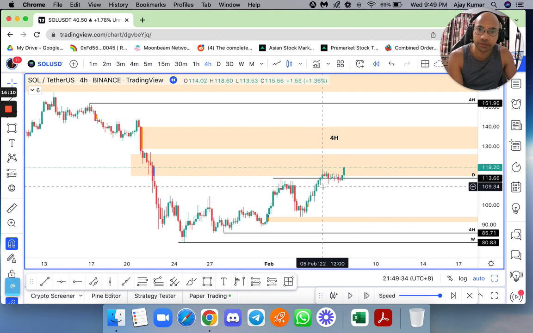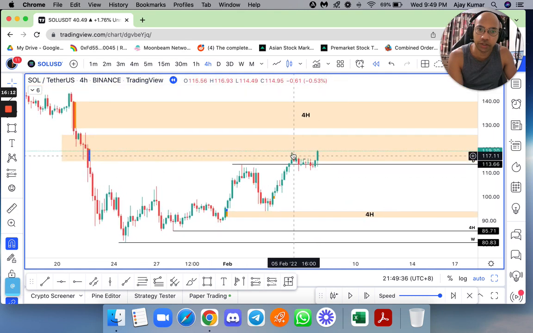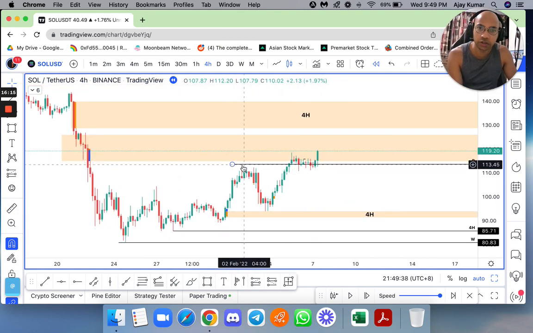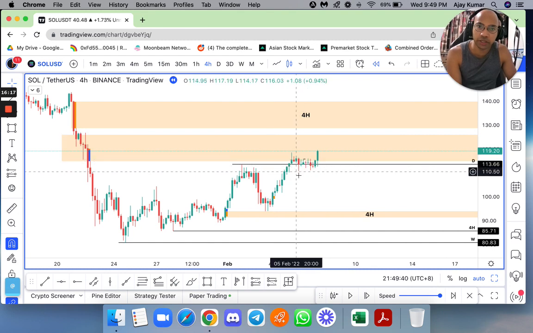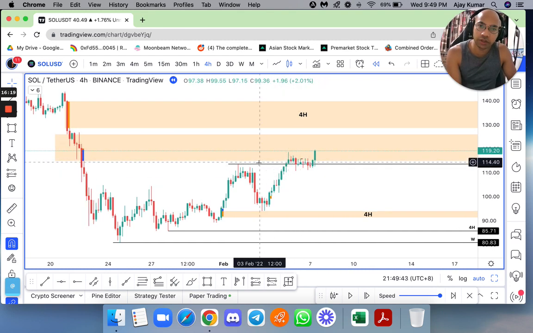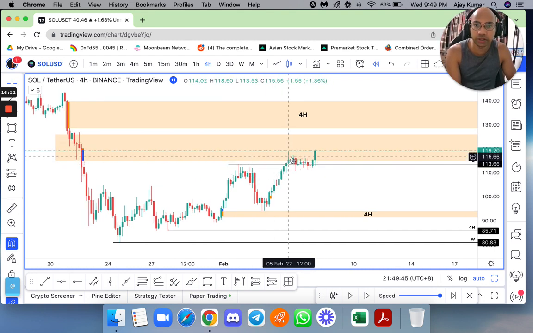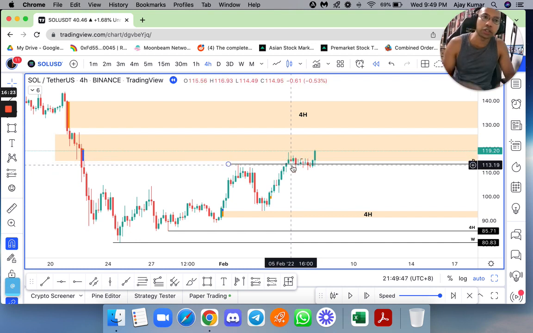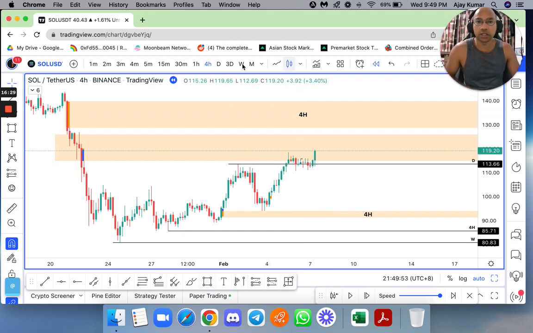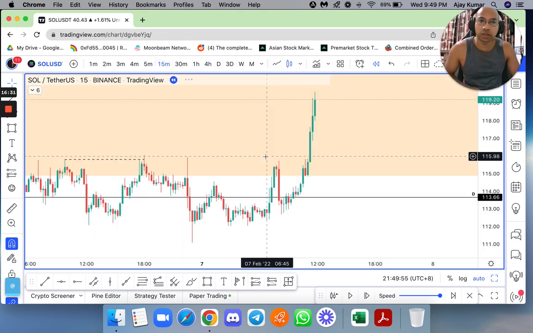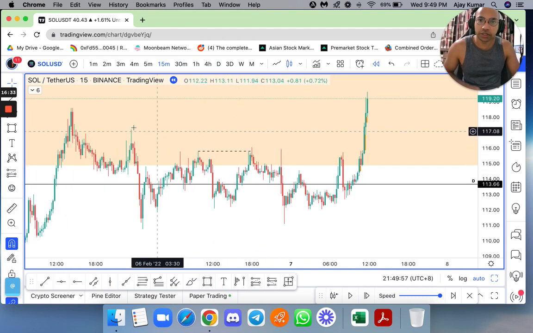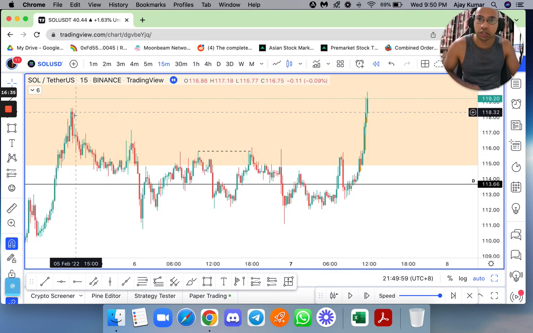So we saw that this whole thing took out the liquidity above this week. Ideally, when liquidity is taken out, I would like to see it taken out by a wick, not by huge candle bodies like this.